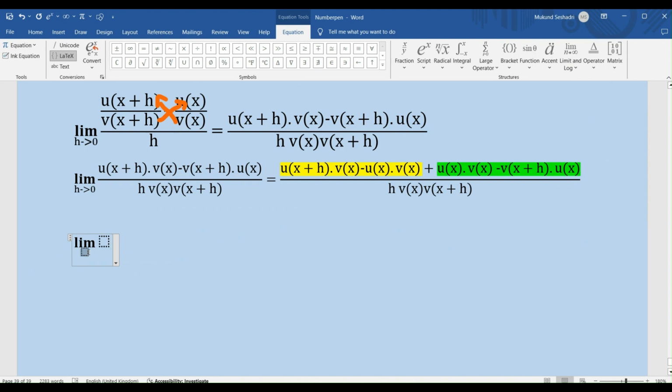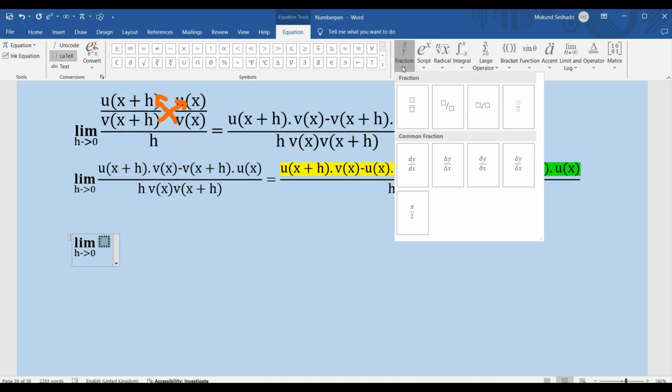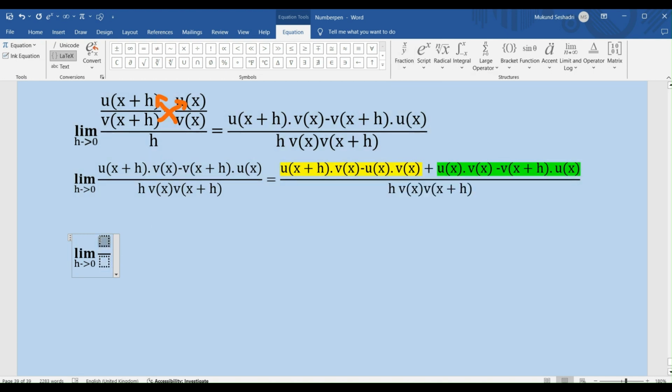Limit h tending to 0, and when I write the yellow portion, remember folks, we are sitting on the yellow portion right now, so I can pull out my v of x, right? And I can rewrite this as u of x plus h minus u of x, right?